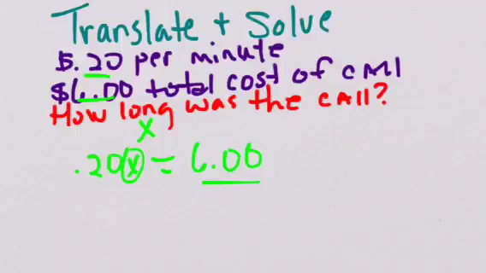So then you have to figure out what number times 0.2 equals 6. Okay, so let's say you're trying to do mental math. It's not working here.